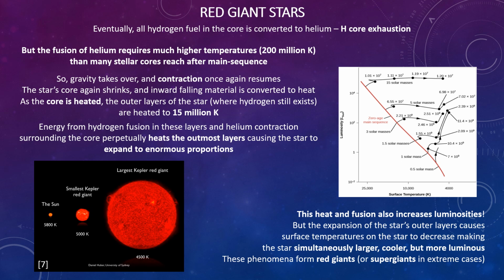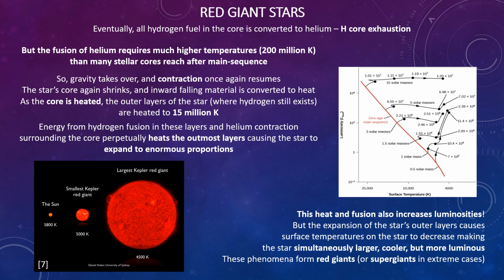And so then we have some fusion that occurs out in the outer layers. Energy from hydrogen fusion in these layers and helium contraction surrounding the core perpetually heats the outermost layers of the star, which causes it to expand to enormous proportions.